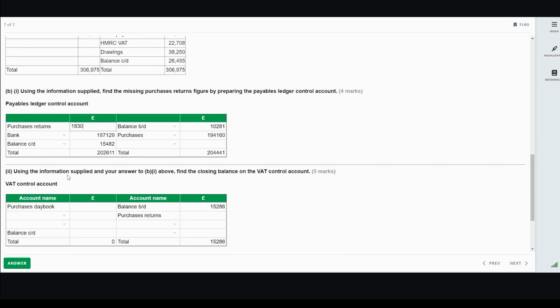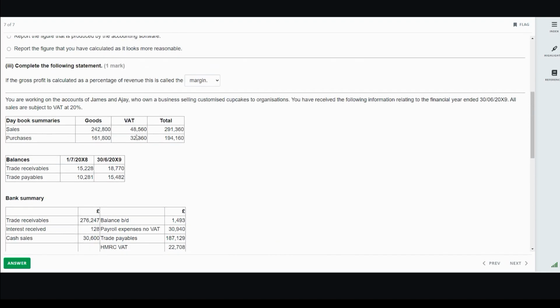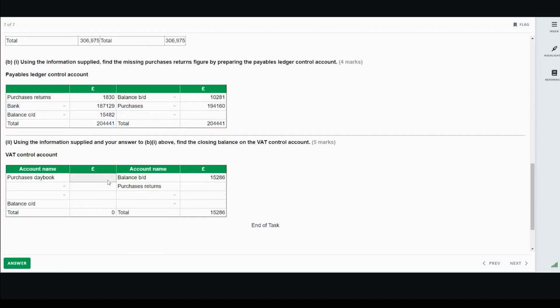Then it says using the information supplied in your answer B.1, find the closing balance on the VAT control account. First of all, you've got purchases, so it's the VAT account. In your purchase day book, the VAT is 32360.